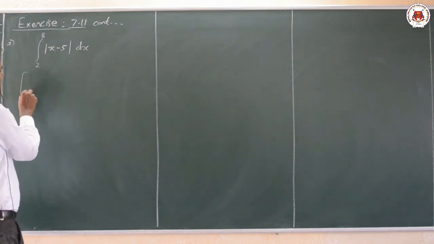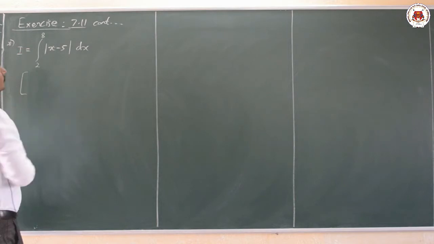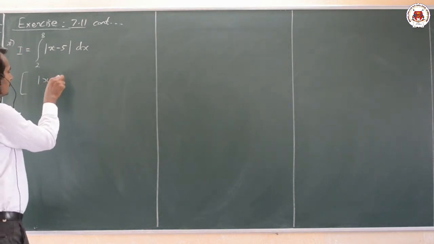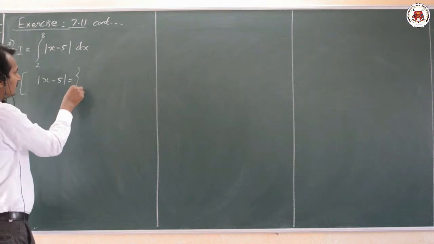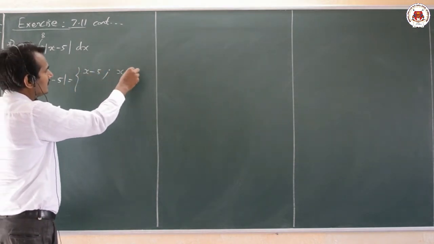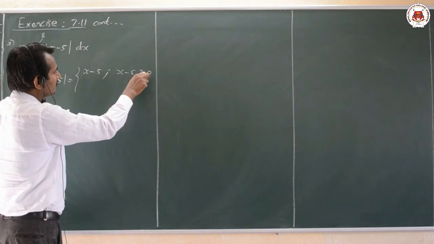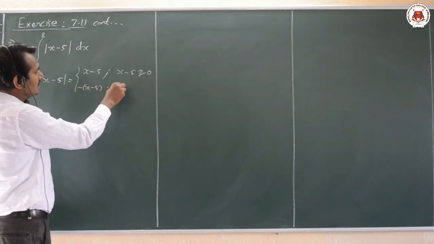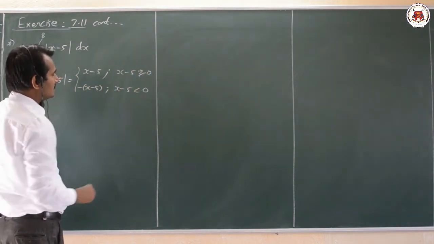Before starting with that, let us take I is equal to the integral. Then by making use of the definition, mod of x minus 5 equals x minus 5 when x minus 5 is greater than or equal to 0, and minus of x minus 5 when x minus 5 is less than 0.